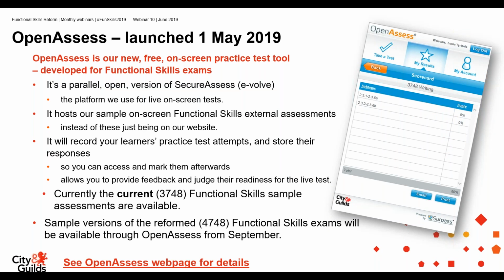We are aware that there are still a few centres that we've yet to get in touch with correctly, to reach their technical contact, and we're working through sorting out logins. If you haven't managed to get that sorted, do give our customer services team a quick call, because they should be able to point you in the right direction and get you operating with that.